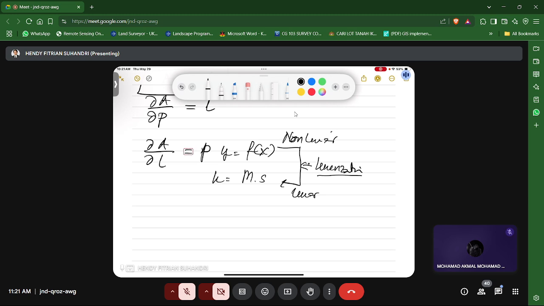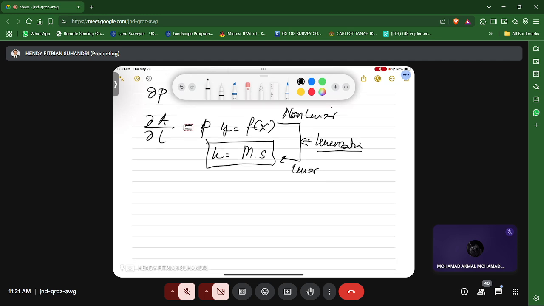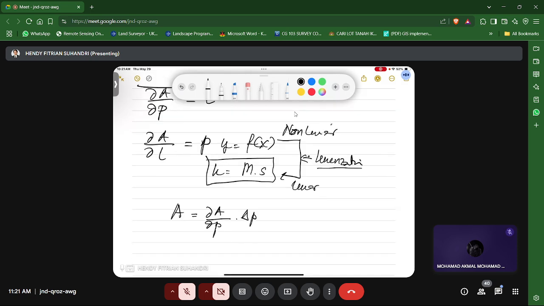So now our equation becomes, K M S, I can say that A equals dou A over dou P times delta P, because we derive with respect to P, plus dou A over dou L times delta L.